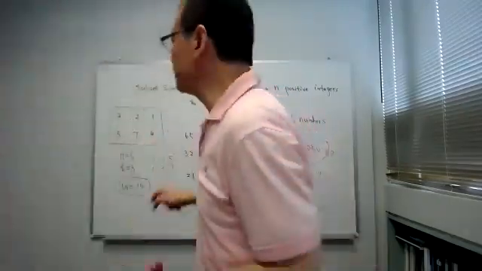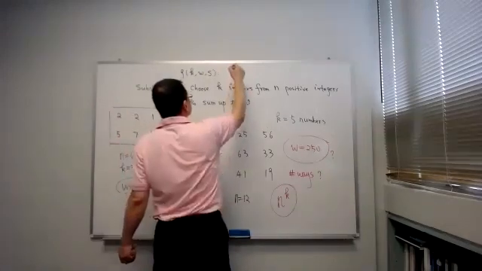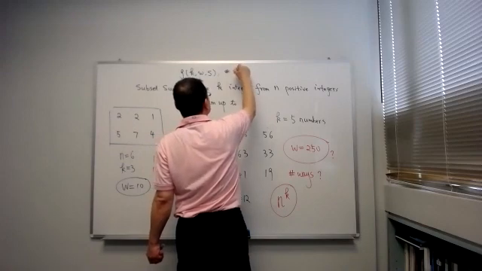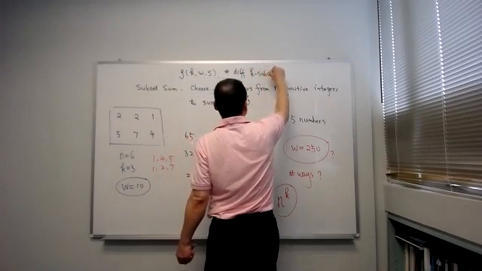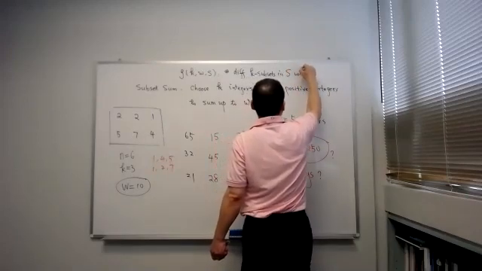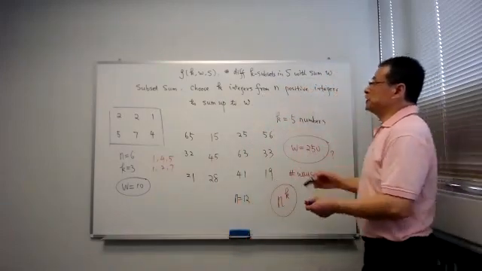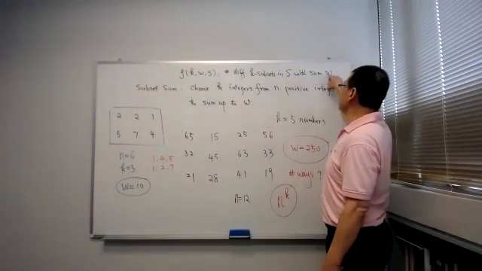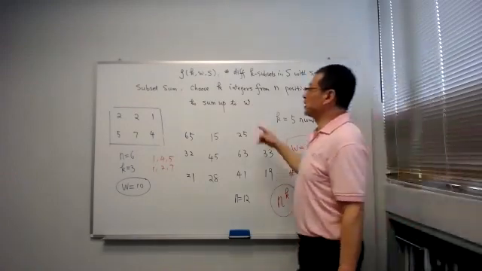Okay, use G(K, W, S) to denote the number of different K subsets inside S whose sum equals W. So this problem, okay? We want to find the recurrence relation for this one.